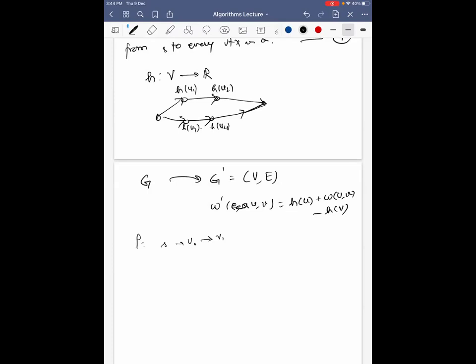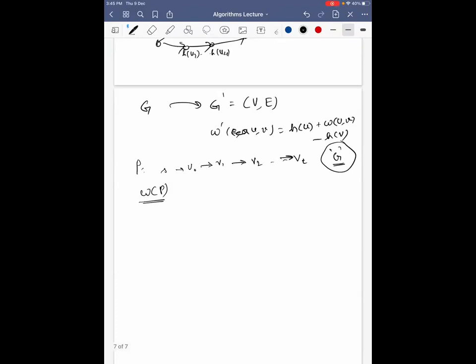Okay. So now consider a path V1, V2 up to Vt in this original graph G. And let weight Wp denote its weight in the original graph itself. Now, if you consider the same path in this modified graph, reweighted graph G prime, what will be its weight in G prime?